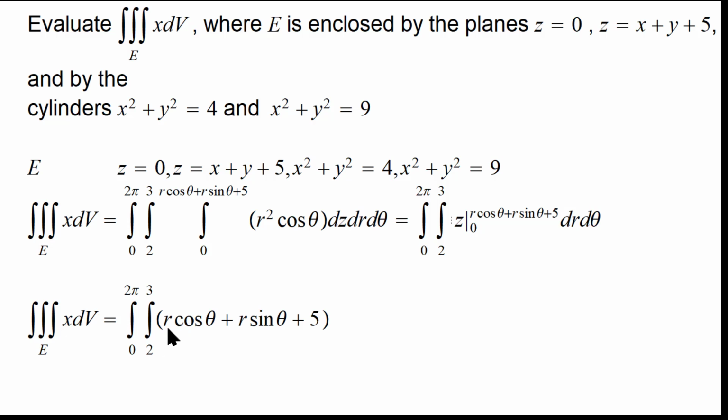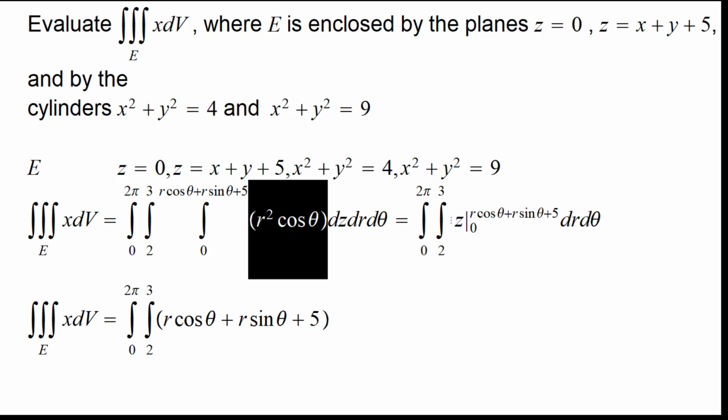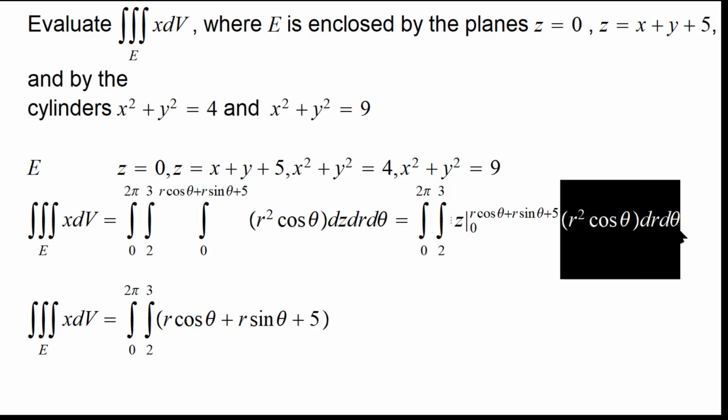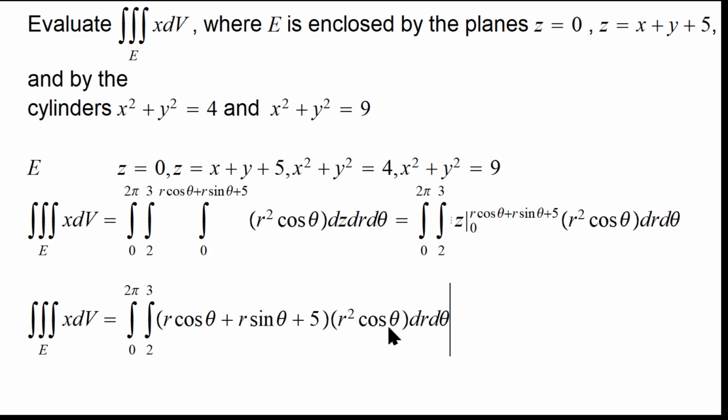And I forgot my r square cosine theta, I'm so sorry. Let me just put that back in here. So then we have this right here, and then r square cosine square theta d theta, right?